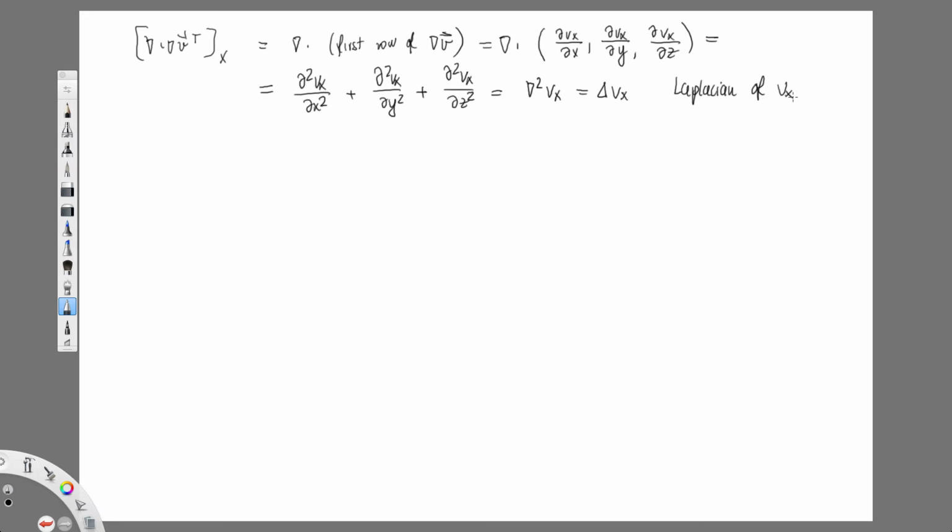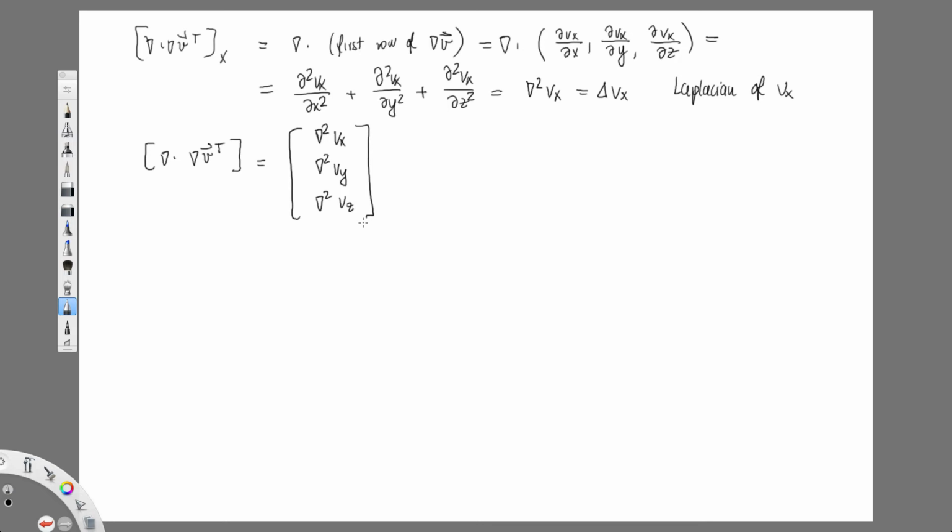Then, of course, if I do this for y and z coordinates, I'm going to get the Laplacian of Vx, Vy, and Vz. So basically I can then write that the divergence of the gradient transpose is, I'm going to adopt this nabla squared, nabla squared Vx, nabla squared Vy, nabla squared Vz.